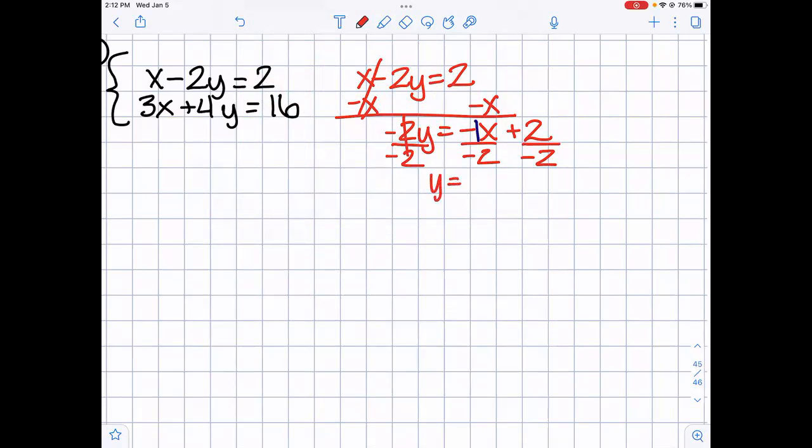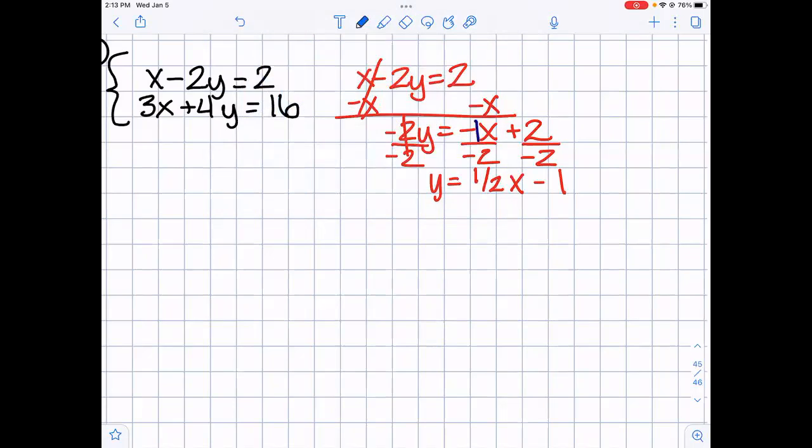Y equals negative 1 over negative 2, which is just 1/2, right? And then we write down the x. What's positive 2 divided by negative 2? Negative 1. So that's our new line that we're going to graph: y equals 1/2 x minus 1.